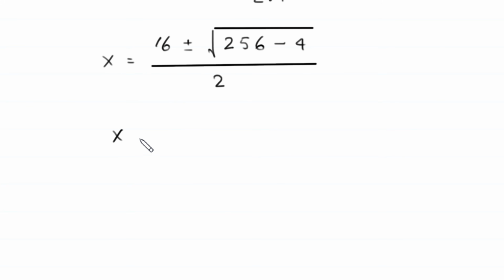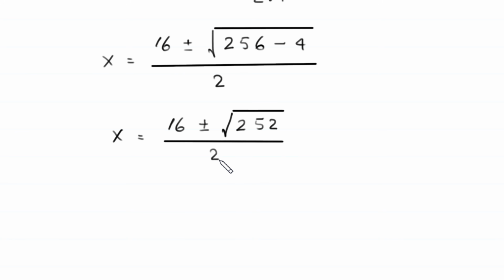Next, x is equal to 16 plus or minus the square root of 256 minus 4 will become 252, divided by 2.